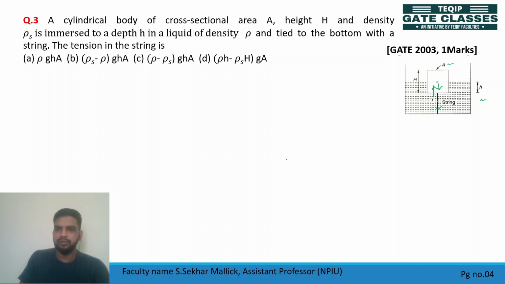And if I consider the body, tension will be in this direction, okay. So if I assume a free body diagram for this body, can I write force of buoyancy plus tension is equal to weight of the body? Can I write this?